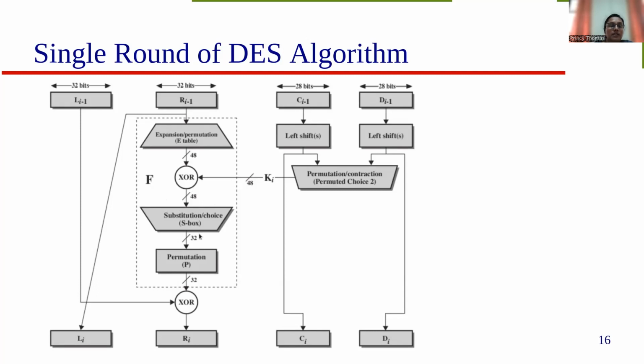And then the 32 bits is given to the P permutation table, which rearranges those 32 bits, and that output is XORed with the L value. So the L value is being encrypted, and we get the R value for the next round.